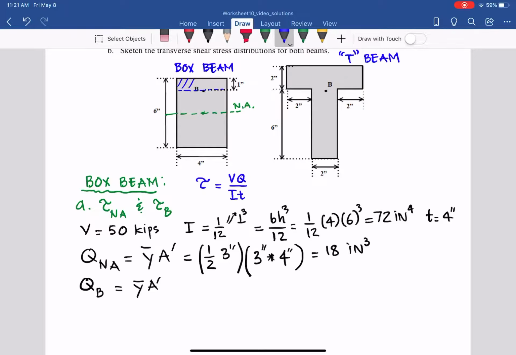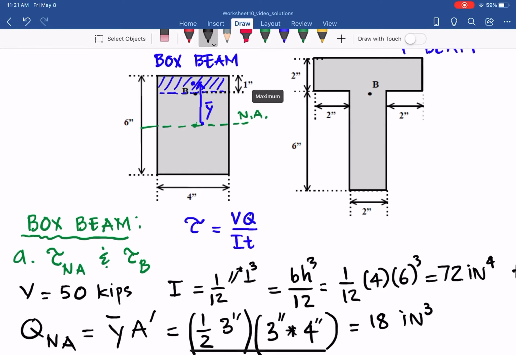So that is the area we are looking at. And the y bar is from the neutral axis to the centroid of that blue shape. So from that we have y bar for this.